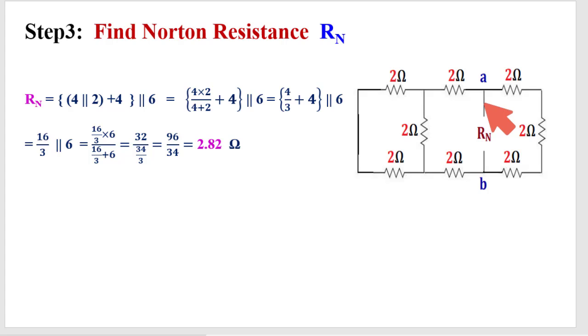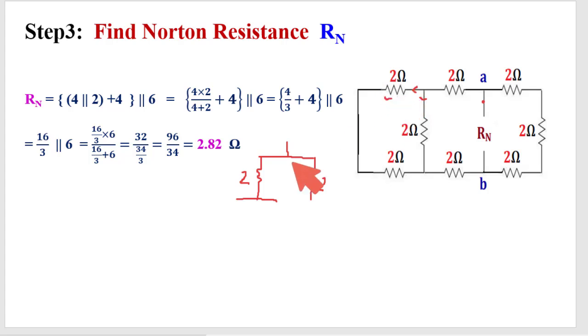Starting from this point, we get two paths: the left path is 2 ohm and the right side is 2 ohm. From this 2 ohm, there are two paths, one and another, so it is again divided into two paths.